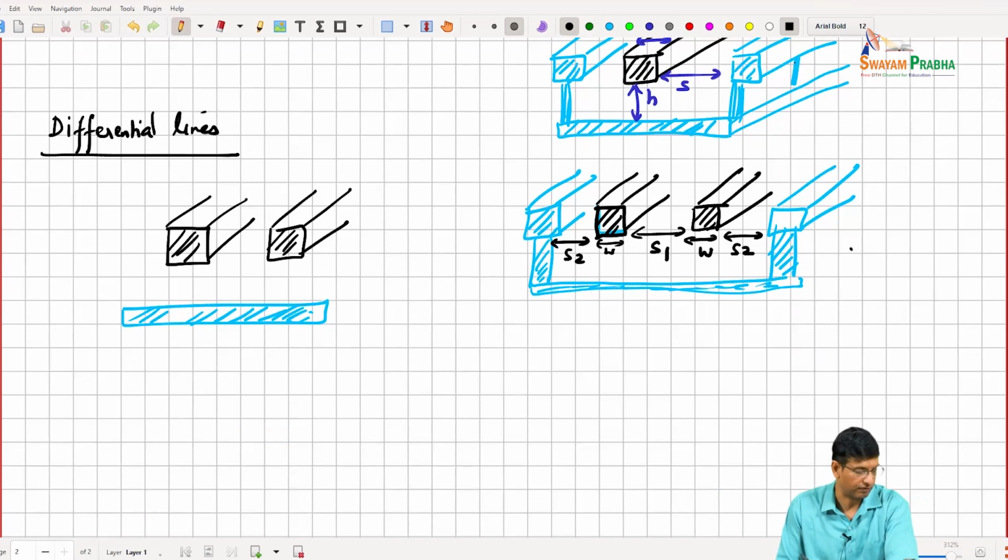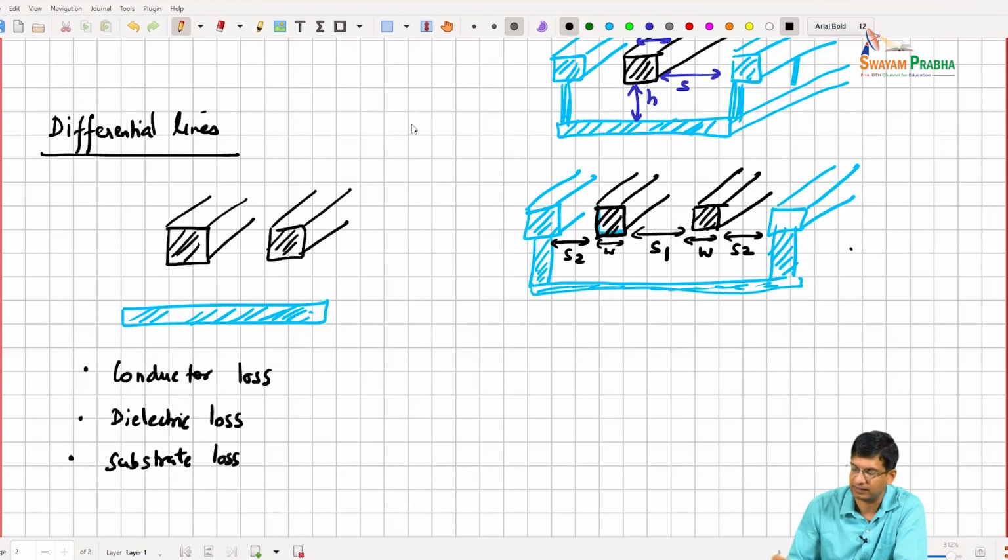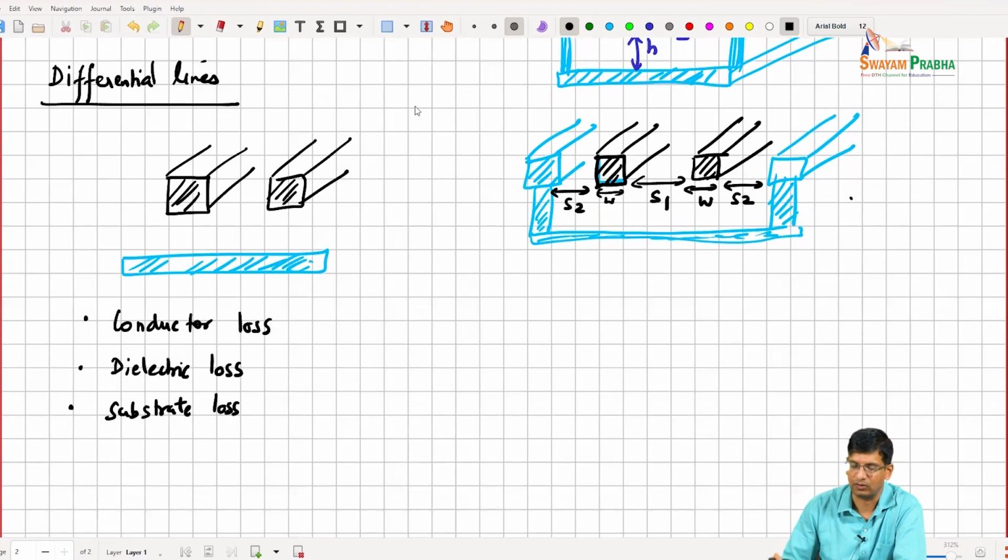We have losses in the conductor lines, we have loss that occurs in the dielectric, and we might get losses that occur because of the fields coupling into the substrate. Also, depending upon the kind of lines that we use and the frequencies at which we are operating, we might get radiation loss as well, right?